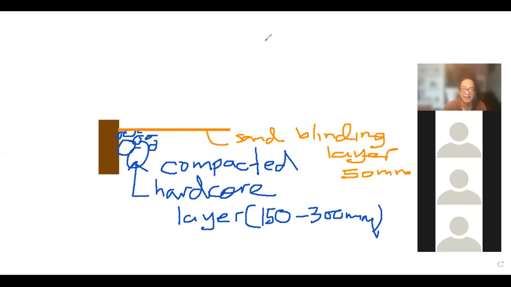And finally, what is done on site is that the reinforcement for the slab is now placed, and the reinforcement for this non-suspended slab is usually at the top layer, a single layer.